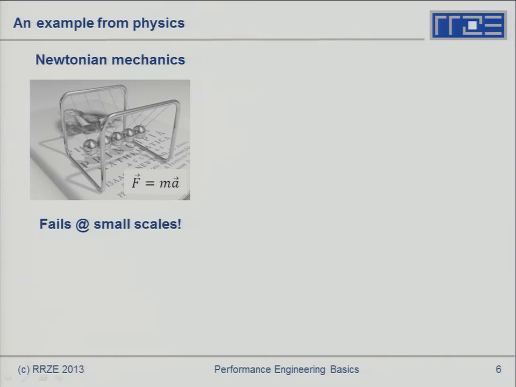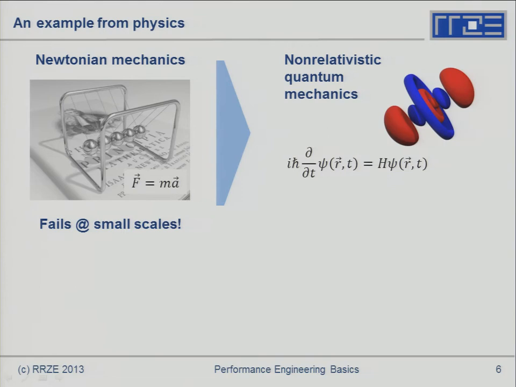Newtonian mechanics is not the correct picture of nature because it fails at small scales. If you look very closely at a hydrogen atom, it's not little spheres bouncing around. We know that we need a different kind of physics to describe features which happen at very small scales, like the hydrogen atom. And here we need Schrödinger's equation.